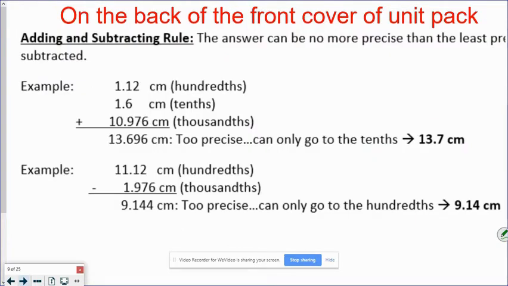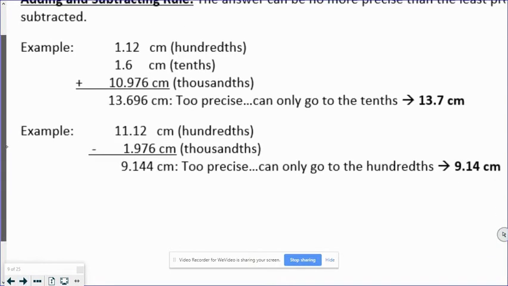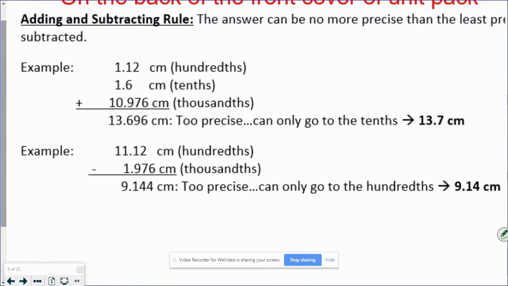All right, this is the addition rule. We talked a little bit about this earlier. So again, we look at all of our data, and our rule is all about your answer being no more precise than our least precise piece of data. Our least precise piece of data is the 10th place, which means our answer can only go to the 10th place. So we have to correctly round to the 10th place. So I punch these 3 numbers into my calculator, I get this value.